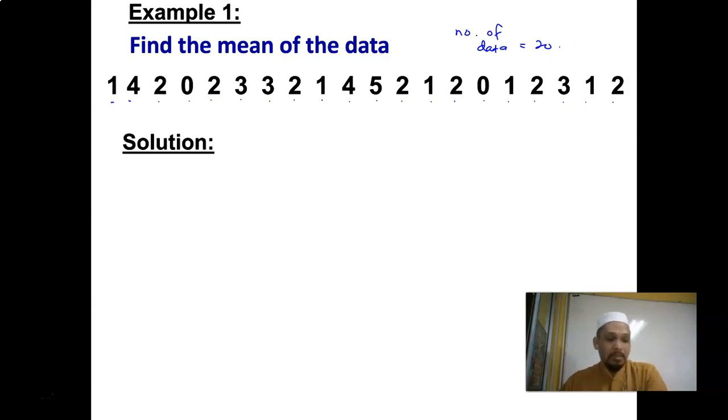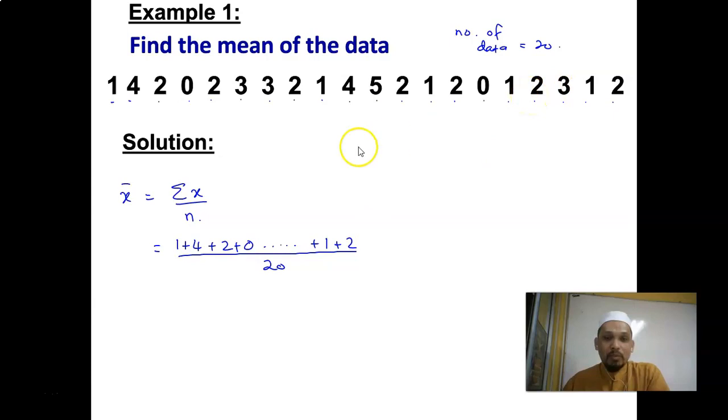Okay, so now mean equals the summation of all x divided by the number of data, which is 20. So we list down 1 plus 4 plus 2 plus 0 until the last one here, plus 1 plus 2, and divide by 20. Summation of all this, divided by 20.